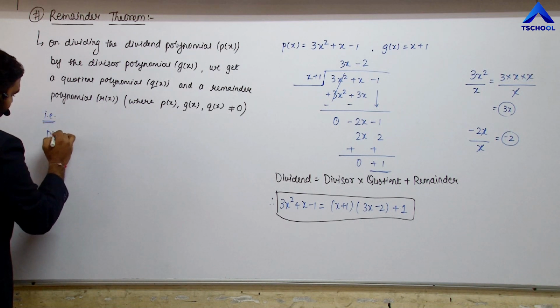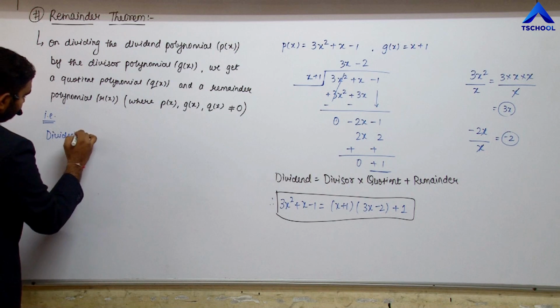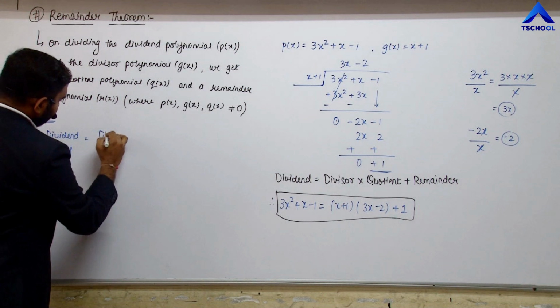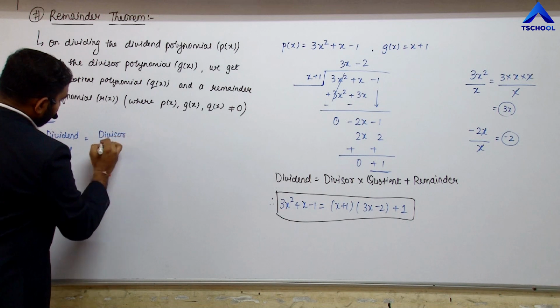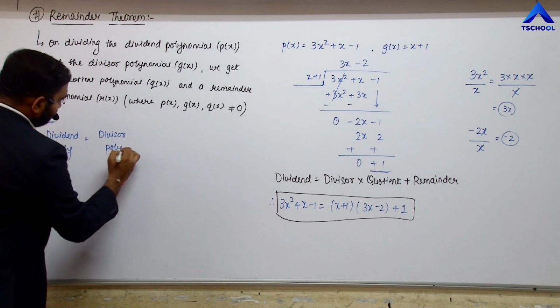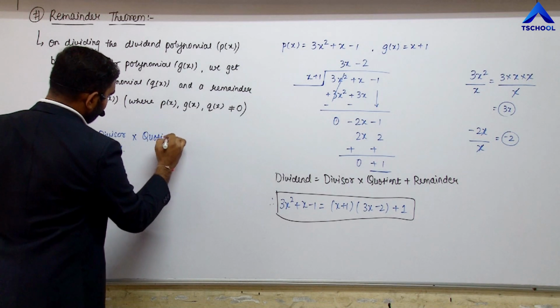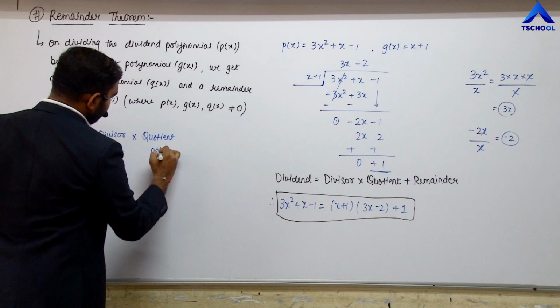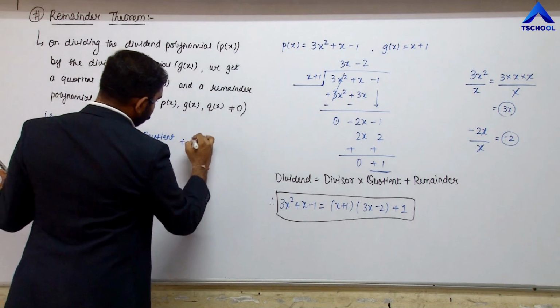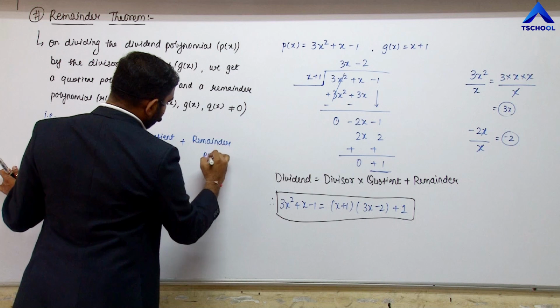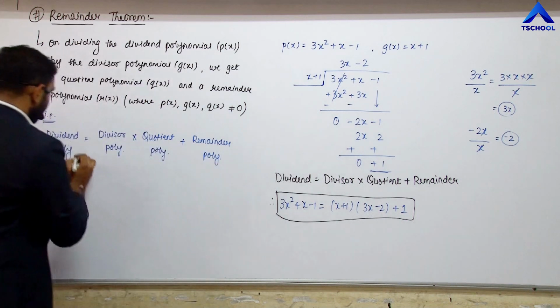So the format here is: dividend polynomial is equal to divisor polynomial into quotient polynomial plus remainder polynomial, right?